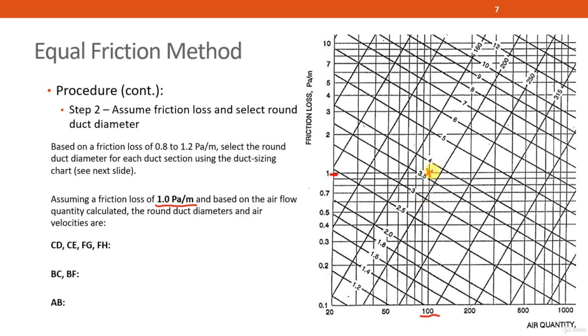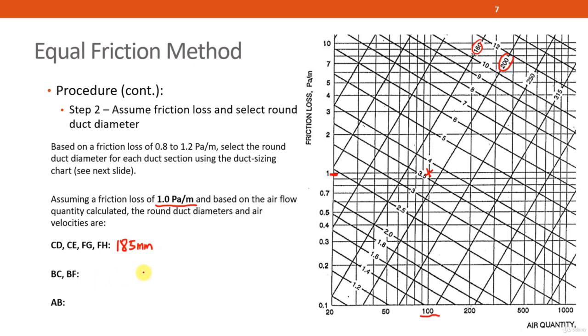After you plot this, you can read off what is the round duct diameter that you should size. This particular line is 160 and this particular line is 200, so this point over here will be around 185. So all the small sections should have a 185 millimeter round duct.